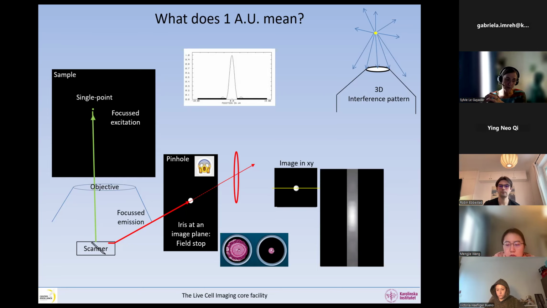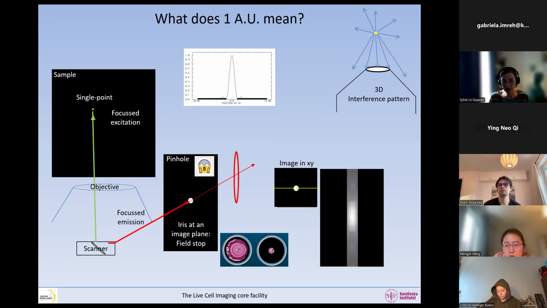The point spread function of a fluorophore with a longer wavelength, like a far-red fluorophore, will be bigger than for a blue fluorophore. That's why I said that blue fluorophores deliver better resolution, because the point spread function is smaller.